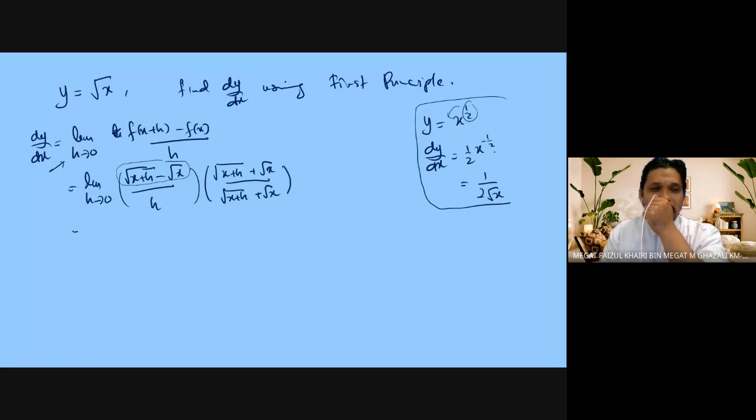Okay, you make your own checking. h approaching 0. So this multiplied with this gives you x plus h. And because we are multiplying with the conjugate, the result is minus square root of x times square root of x, which is x. And then divide by h, and 1 over square root of (x plus h) plus square root of x.